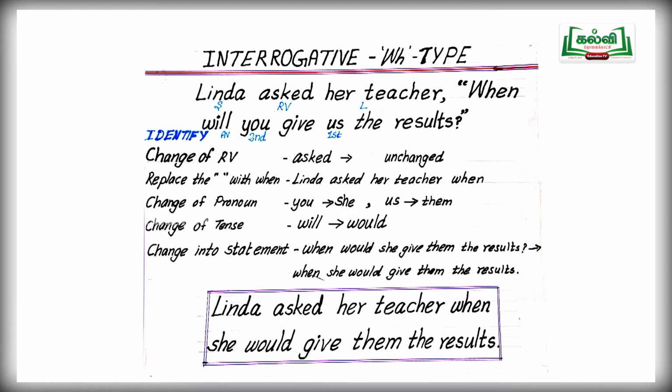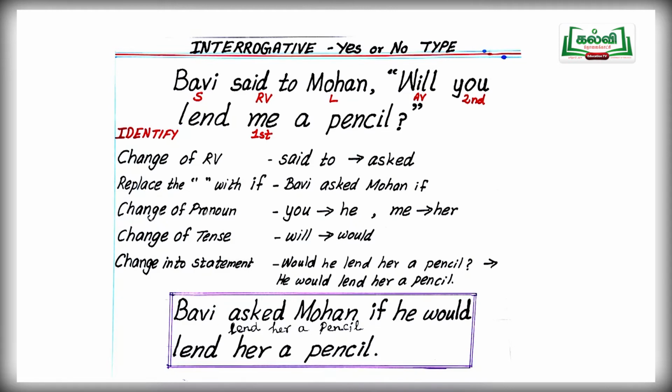Then the sentence is, Linda asked her teacher when. Change of pronoun: you becomes she, us becomes them. Change of tense: will becomes would. Then we have to change the question into statement. When would she give them the results? Then the answer is Linda asked her teacher when she would give them the results.